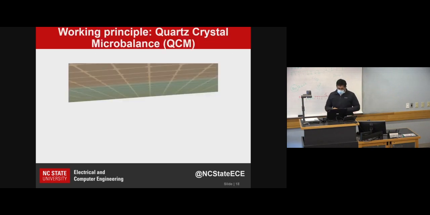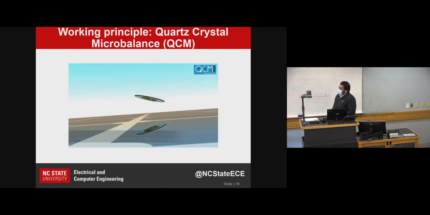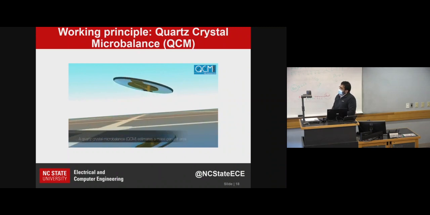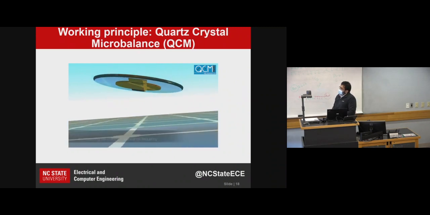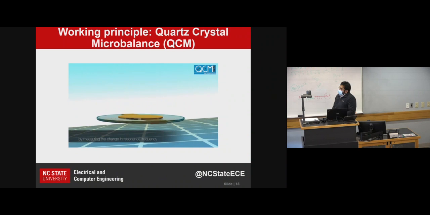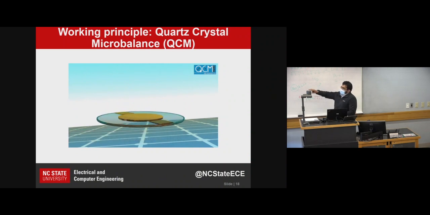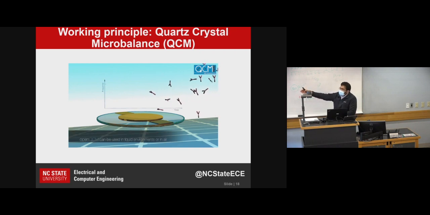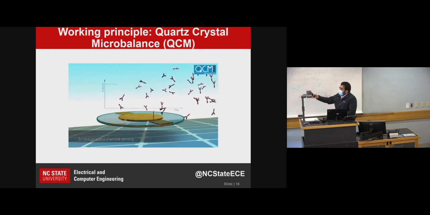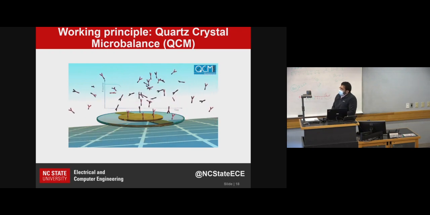So here I have a short video just to show how this QCM system works. This is the crystal microbalance. Now, this is just plain gold electrodes. So you'll first attach those antibodies on top of it to make it selective to a particular chemical.